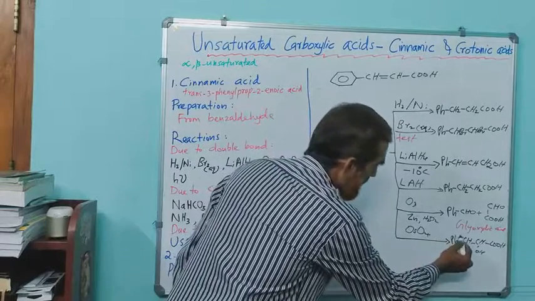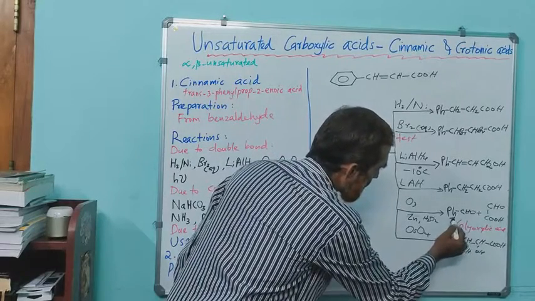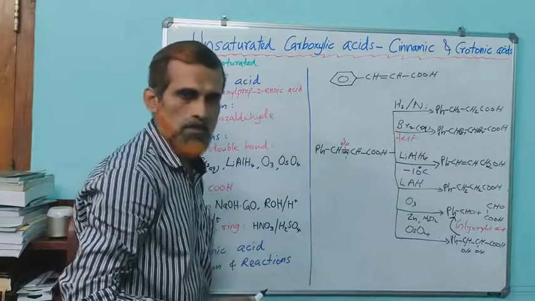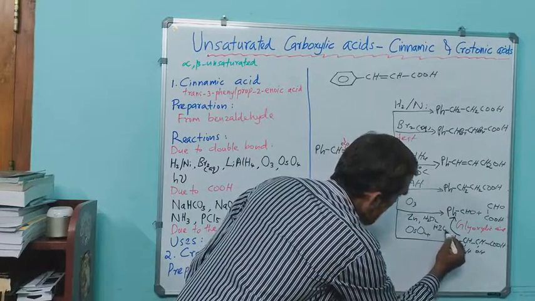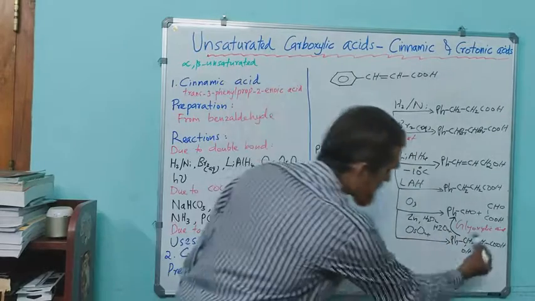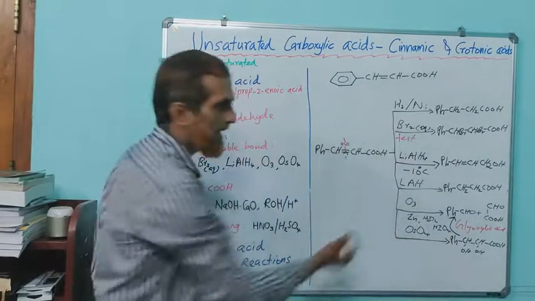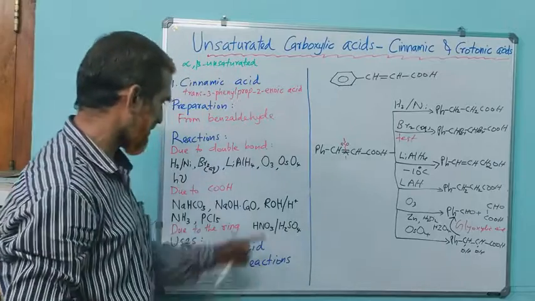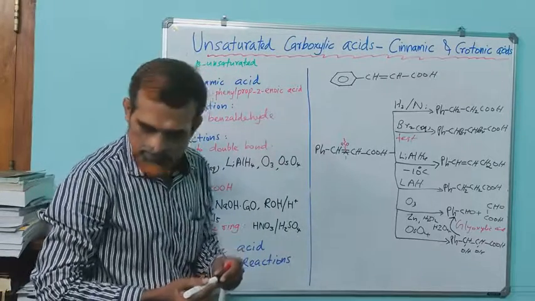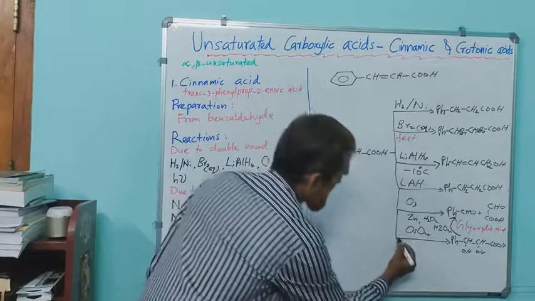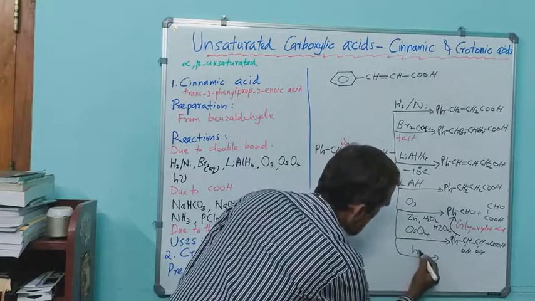And actually this compound can be converted into these products on further oxidation using HIO4. Periodic acid can oxidize this product into benzaldehyde and glyoxylic acid.